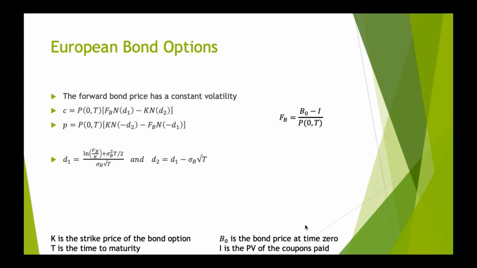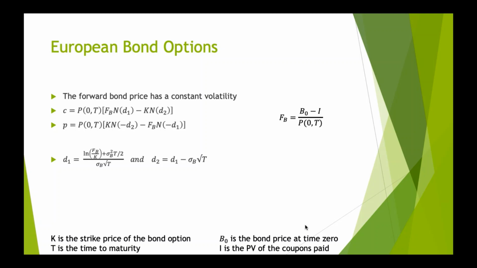The second big category in bond options would be the European options. Many over-the-counter bond options and some embedded bond options are European, so the forward bond price has a constant volatility in this case to value the option. We can use Black's model to value these options.